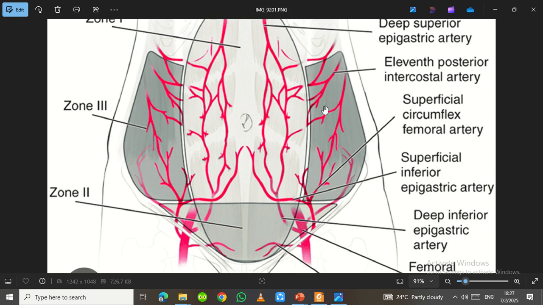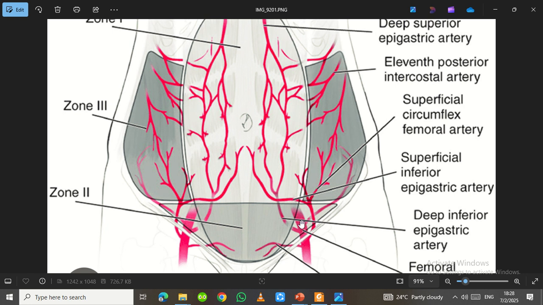Right, so zone number three is going to be supplied by the following. We have the 10th and the 11th posterior intercostal arteries, the subcostal artery, which is the T12 coming from the level of T12, remember? And then we have those four lumbar arteries, lateral branches of the abdominal aorta.